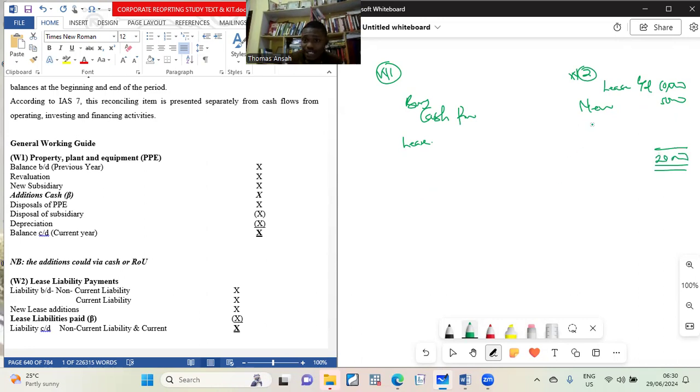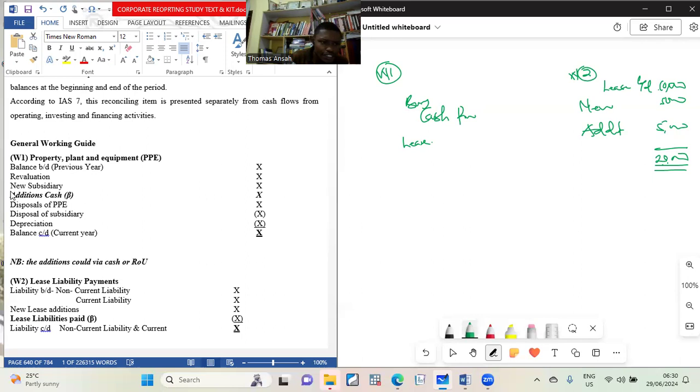This one means that there's an additional lease of 5,000. If it had reduced to, let's say, 15 and 10, that would mean there's a lease liability that you have paid. So that one will be a lease liability payment. All right. So when it goes up, rather, it is a lease addition.